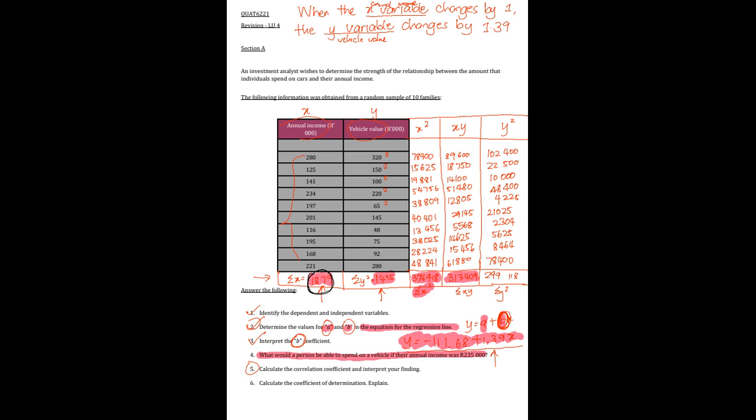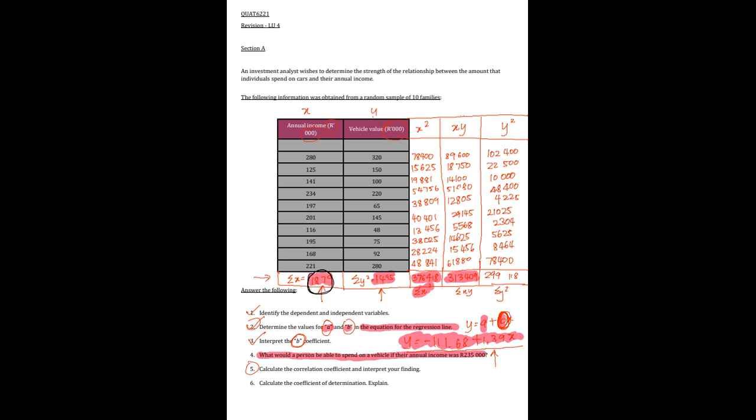Now, remember, this was in hundreds of thousands of rands. If you look at the table as well, within brackets, it says hundreds of thousands. So the 000 here is indicating that it's in hundreds of thousands.